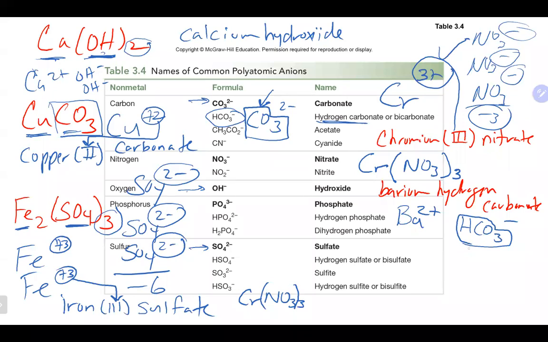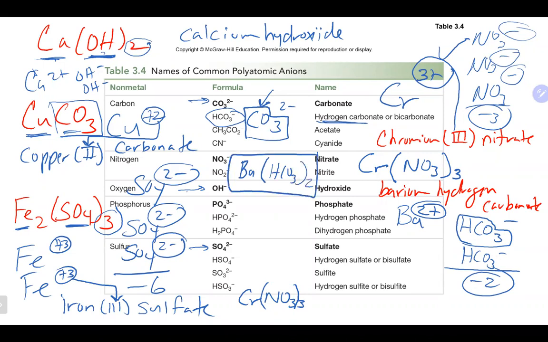We would need a grand total of 2 of them. That gives us a -2. Now we could just write what we've got going on there: Ba, we would need parentheses, HCO3 and a 2 on the bottom. Once again, we need the parentheses because we have more than one of those polyatomic ions.